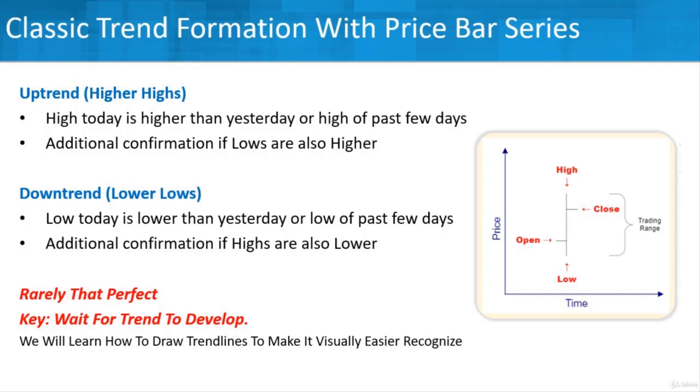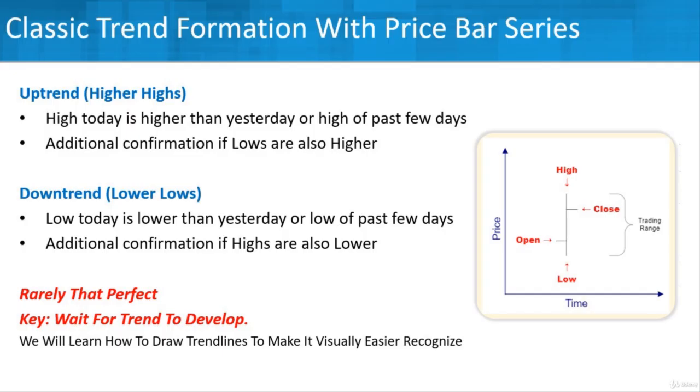And that gives you additional confirmation of an uptrend if the lows are also higher too. Your highs are higher and your lows are higher, everything's higher and prices are going higher. That can give you a signal of a strong uptrend. And if you feel that trend's going to continue, you might want to buy in and ride that uptrend until it's time to sell. You can enjoy a price increase and profit from that.